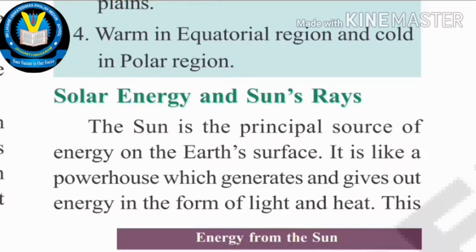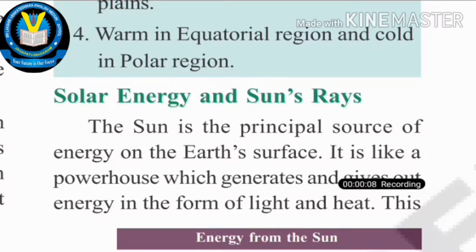We know, students, that this is the natural element, that is the sun, which gives us a lot of heat and light. And most of the things depend only on the sun to produce and to make their food, like plants.